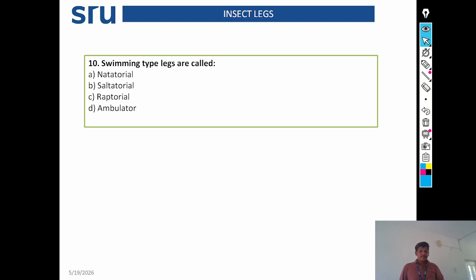Swimming type of legs are called Natatorial legs, Saltatorial legs, Raptorial legs, or Ambulatorial legs. Your correct answer is Natatorial legs. These are the swimming legs present in water bugs and water beetles.